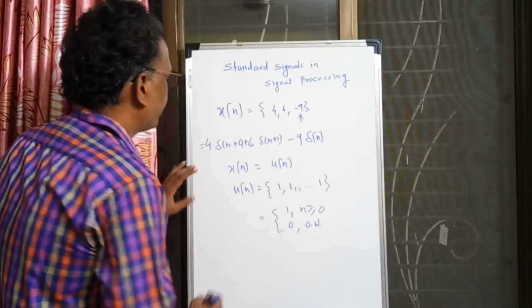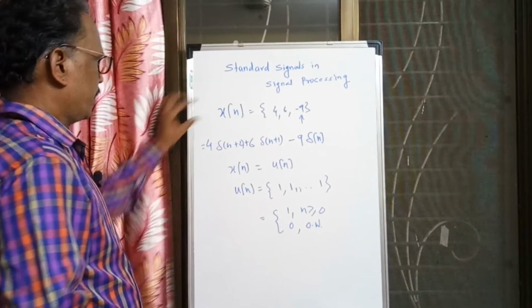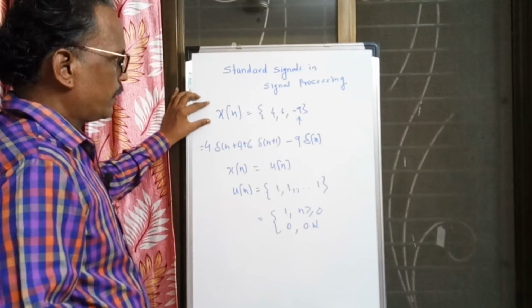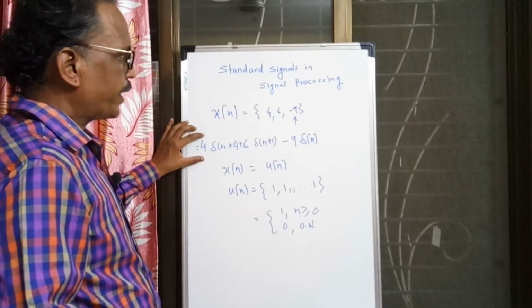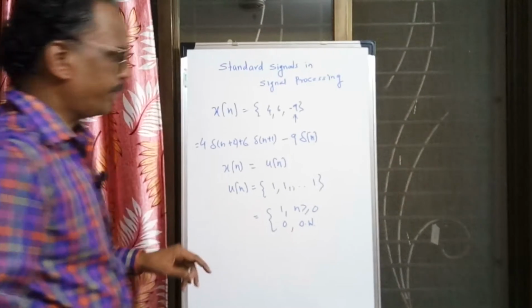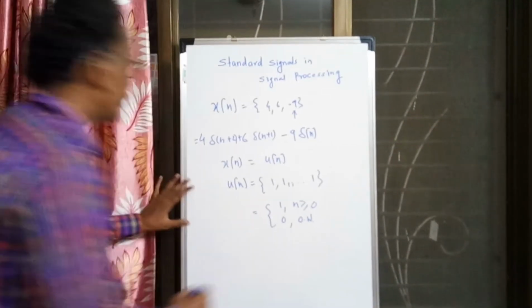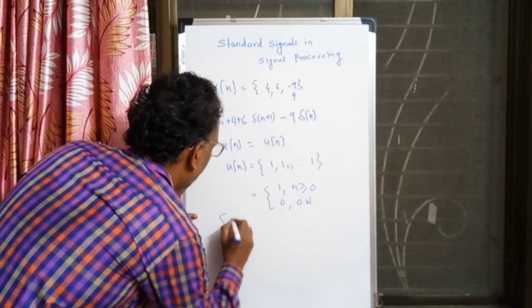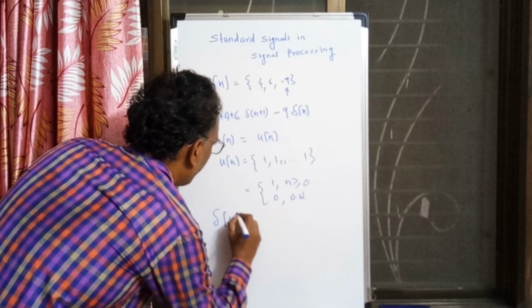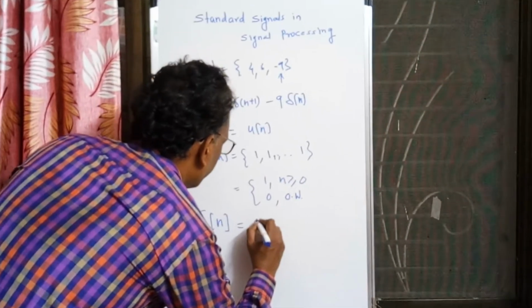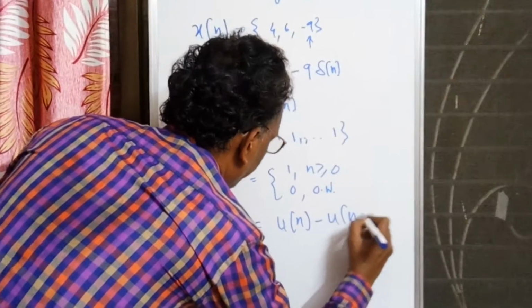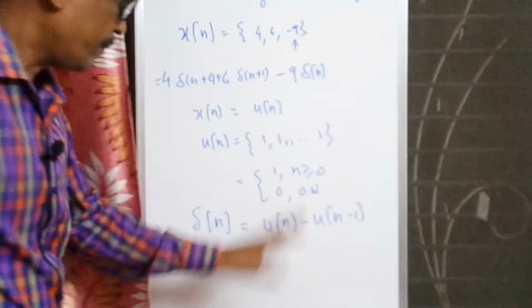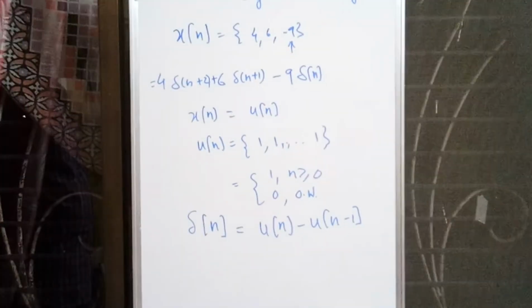In the same fashion, whatever signal x of n is given, we express that signal in terms of delta function. Now I would like to express the same signal in terms of unit step sequence. We know that in the last lecture we have shown delta function can be written as the subtraction of u of n and u of n minus 1.